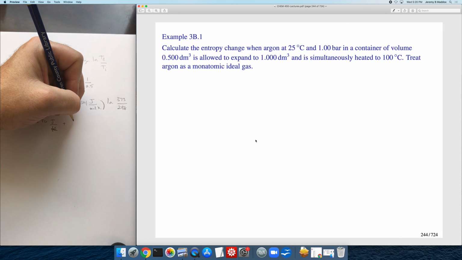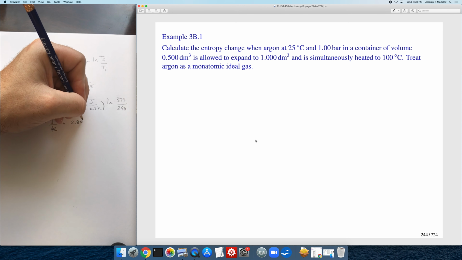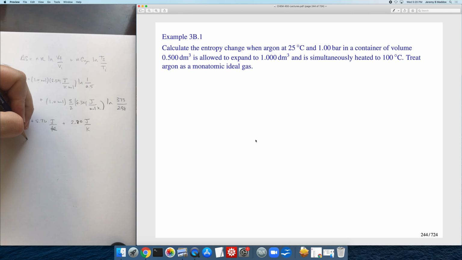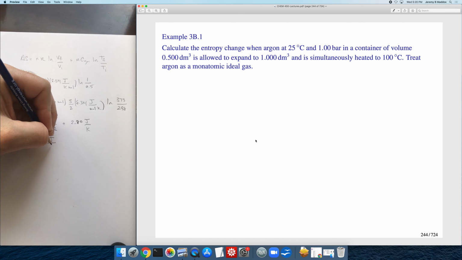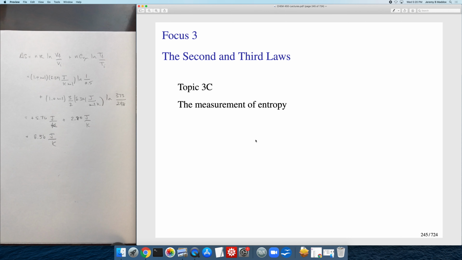This one's giving me 2.80 joules per Kelvin. And then we add those together. So I'm getting 8.56 joules per Kelvin. So that's our answer for that part. Well, I'm going to go ahead and stop this video here, and we'll pick up with measuring entropy in the next one.